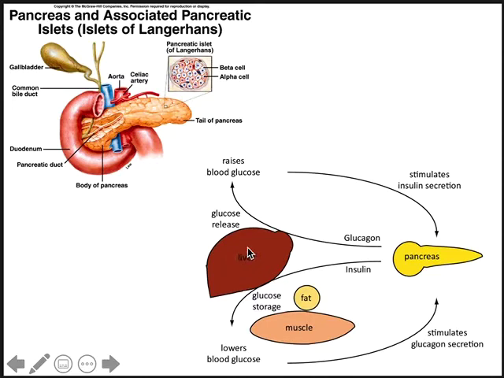Okay? So the relationship between the liver, your muscle, fat, and your pancreas, right? So what's the liver have to do with it all? Well, the liver is the only organ that can release glucose into the blood, right? Besides when you eat and you absorb it through your intestines, okay?